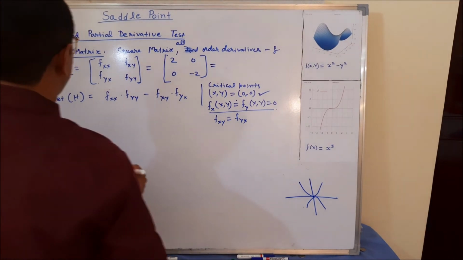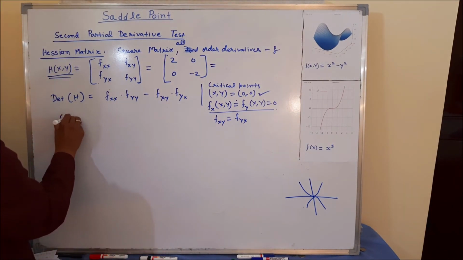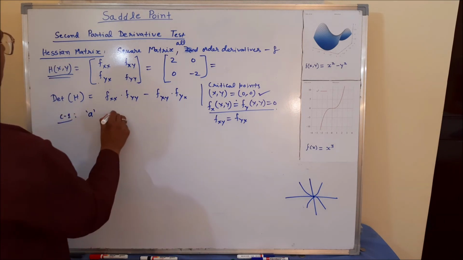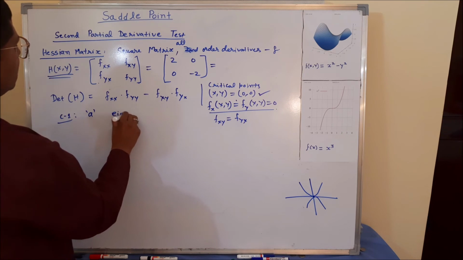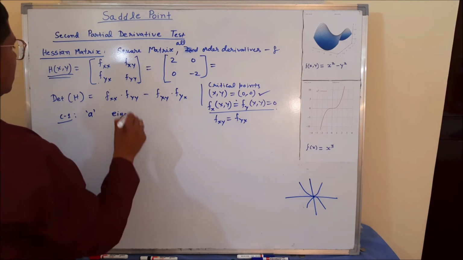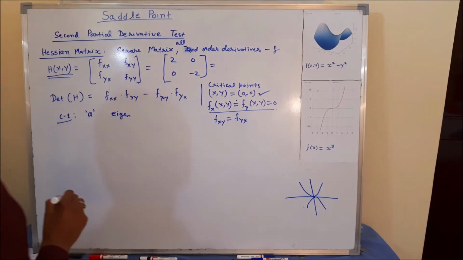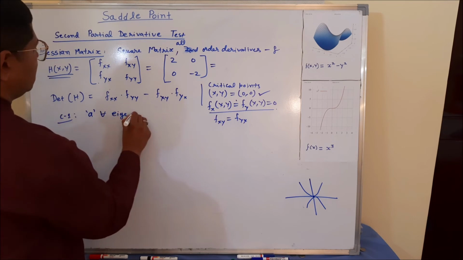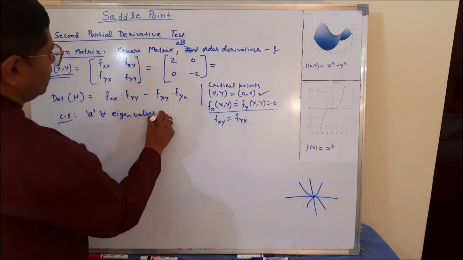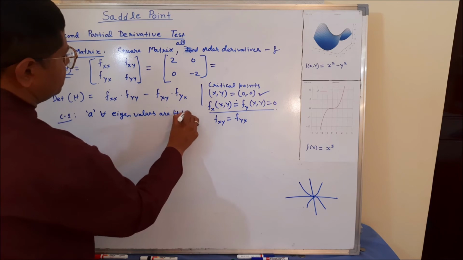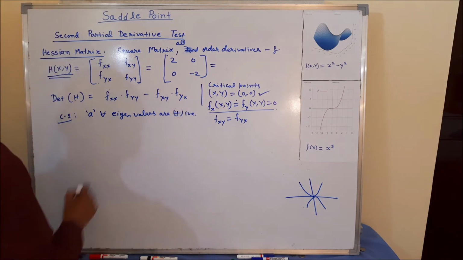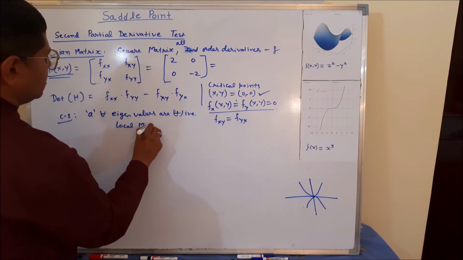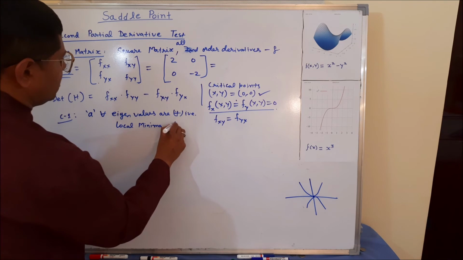Suppose in case 1, at a given critical point A, our eigenvalues are of the same sign or positive, meaning all eigenvalues are positive. Then there will be a local minima at A.